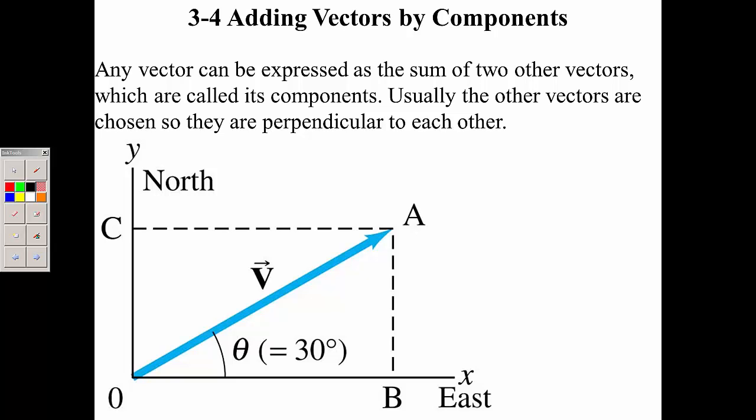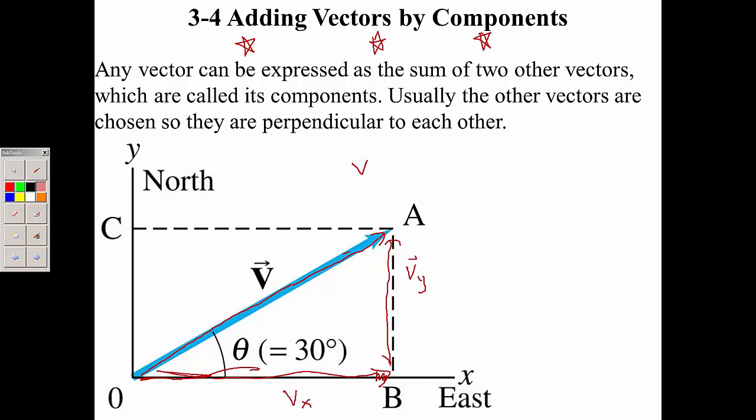Now, this is very, very important: adding vectors by components, or maybe more importantly for what we're going to do, breaking a vector down into its components that are convenient for us to analyze. So if I have a vector, and I'm going to call that vector v, and it points off towards the northeast, then I could also write that vector as the sum of two other vectors, a vector that travels along the x-axis, vx, and a vector that travels along the y-axis, vy.